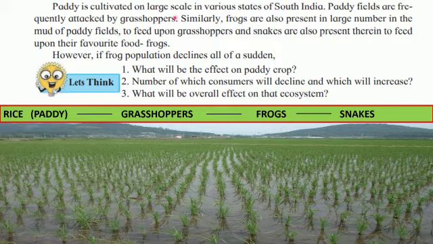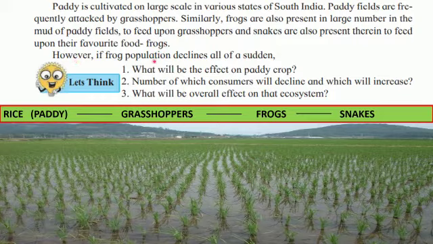Paddy is cultivated on a large scale in various states of South India. Paddy fields are frequently attacked by grasshoppers. Similarly, frogs are also present in large numbers in the mud of paddy fields to feed upon grasshoppers. And snakes are also present there to feed upon their favorite food, frogs.